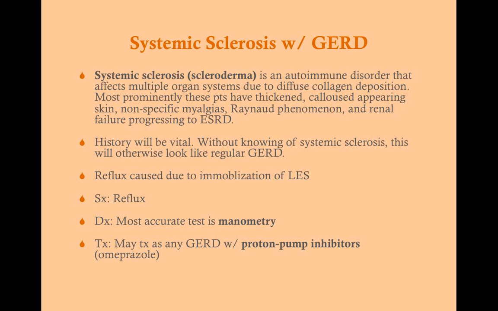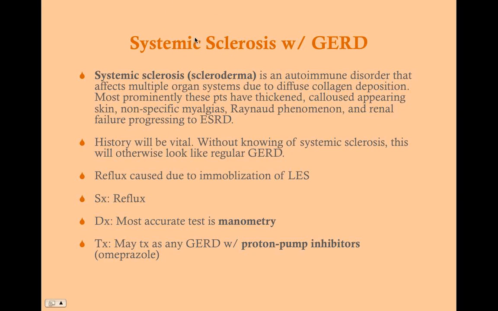So you have to know what the symptoms of systemic sclerosis are, which is what I described here. We're not going to go completely into systemic sclerosis because that's not a GI disorder. But if you know that this is a patient with a history of systemic sclerosis, or they have these kinds of symptoms, then you should definitely be thinking that the GERD is being caused by their systemic sclerosis.